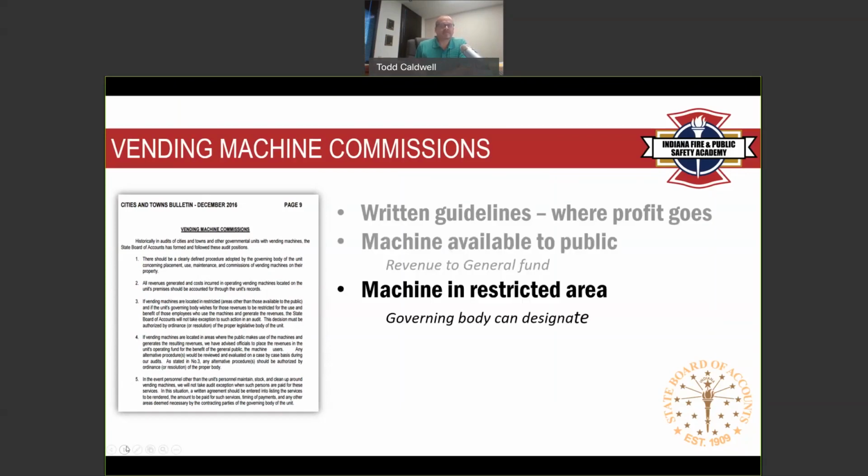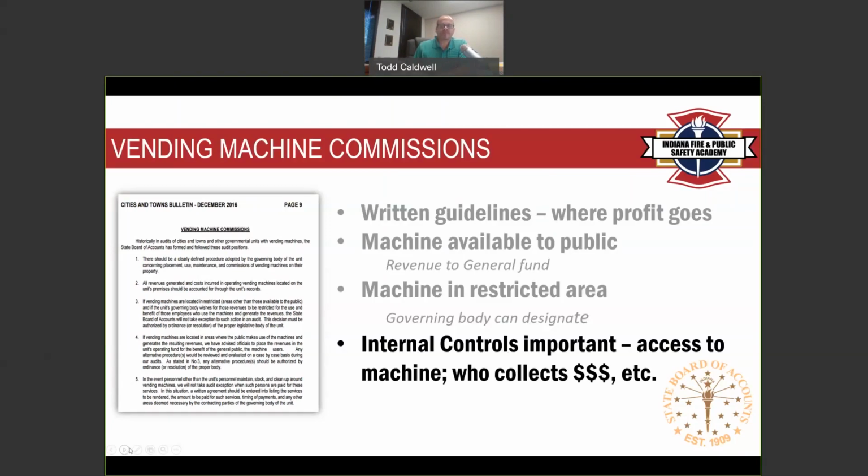If the machine is in a restricted area, so say it's in the break room or the kitchen of a firehouse, then if the governing body wishes, the proceeds can be used by those employees who use the machine. And that would mean the money would get appropriated or put aside in a special fund for the firemen to use as they see fit, if your machine is in a restricted area.